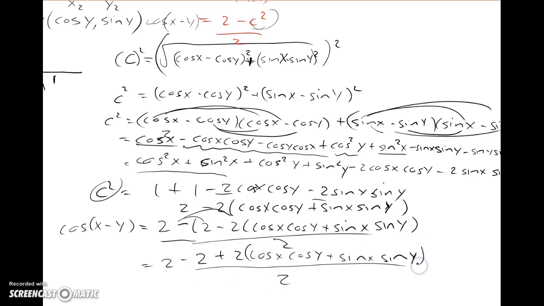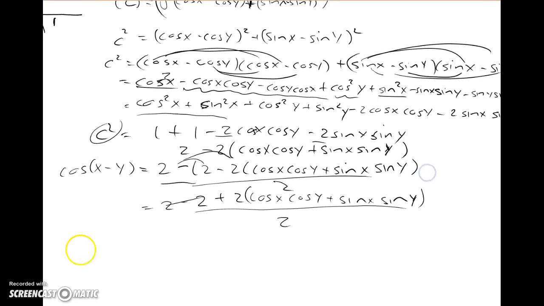Those brackets are still there. 2 minus 2 is 0. 2 divided by 2 is 1. So I end up with cos of x minus y is equal to, those cancel because that's 0, cos x cos y plus sine x sine y.